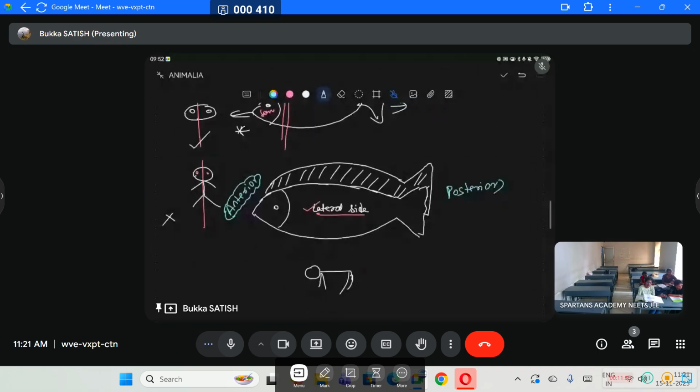Okay. Next, the side which is facing the substratum. The side which is facing the substratum. What do you call this side?